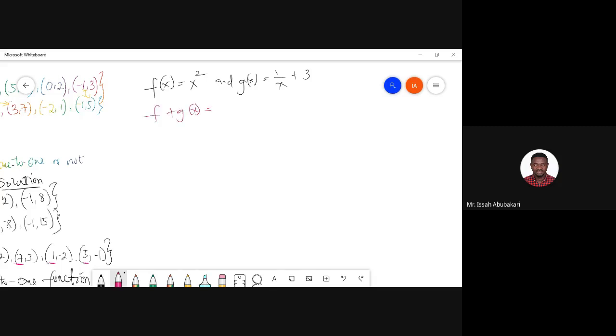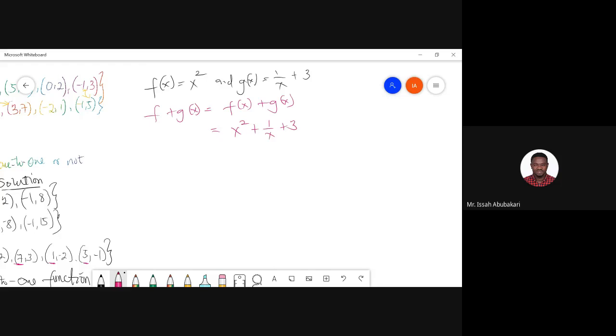It's the same as f of x plus g of x. Therefore, f of x is x squared, plus g of x, which is 1 over x plus 3. If we can simplify this, we simplify it. If we cannot simplify it, we just leave it this way.